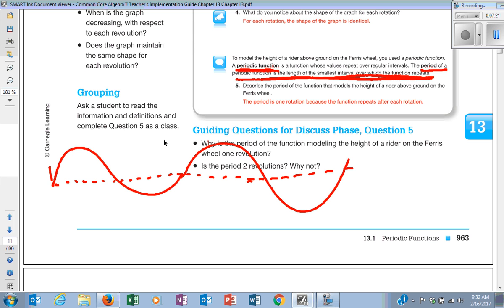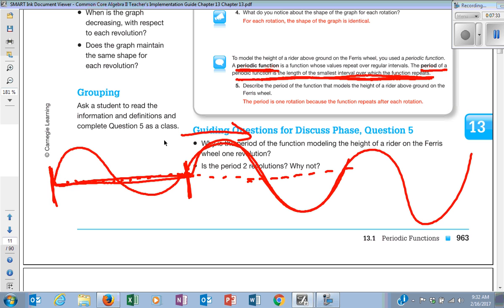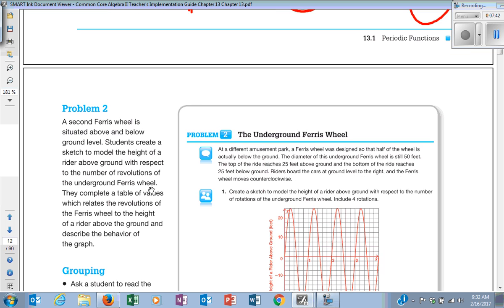From here to here would be a period, because from here on the graph just goes up and down and repeats itself. This length from here to here is called a period. Make sure you understand that, because we're going to be using that later on.